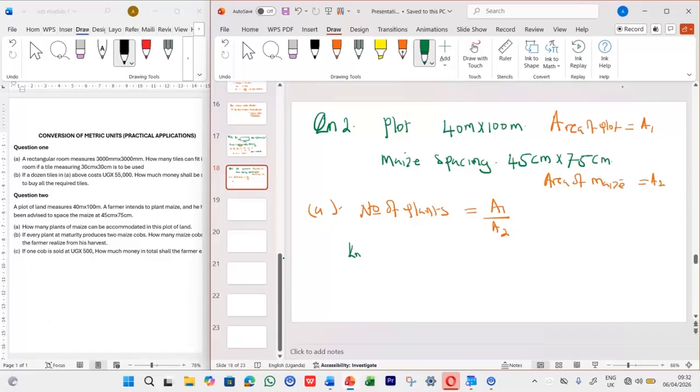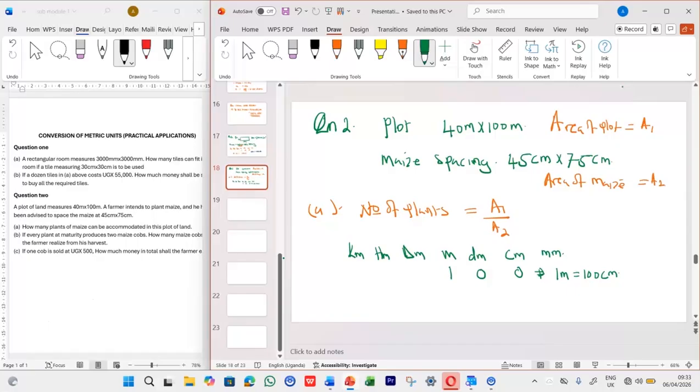If you recall our acronym for the conversion of length: kilometer, hectometer, decameter, meter, decimeter, centimeter, and millimeter. I told you that you put a 1 where you're converting from, a 0 where you're converting to, and anything in between you put a 0. This implies that 1 meter is equal to 100 centimeters.